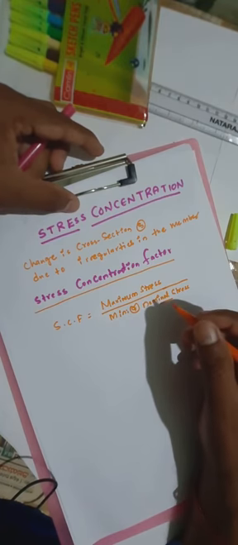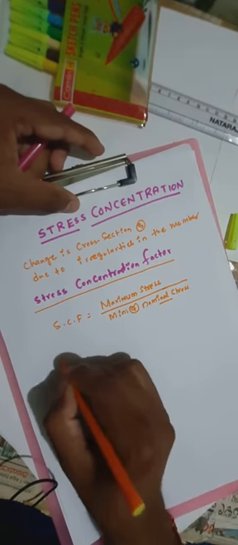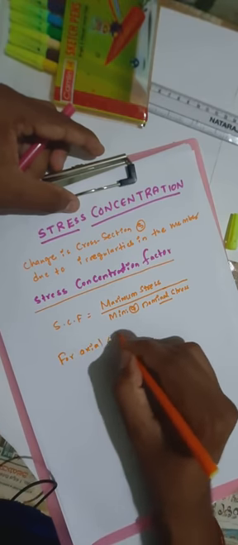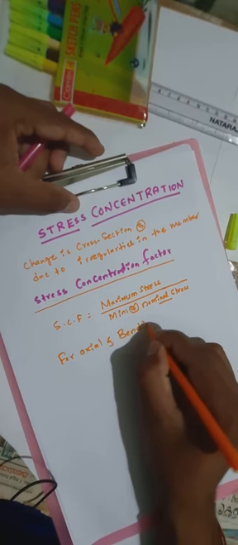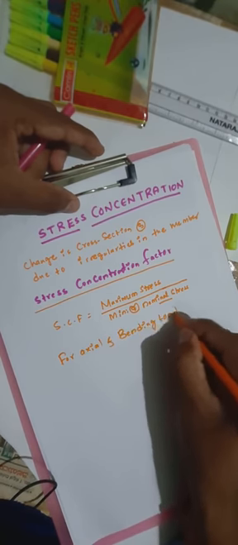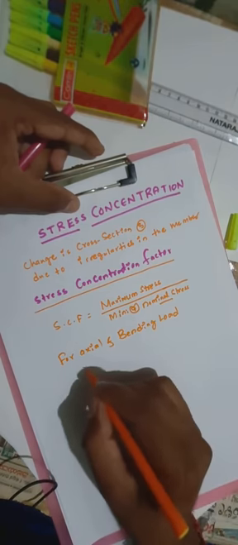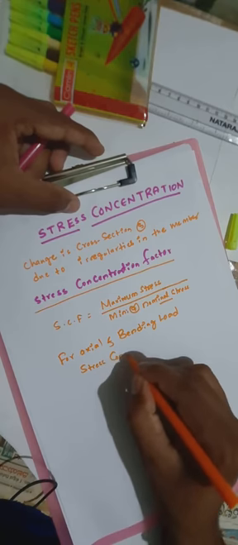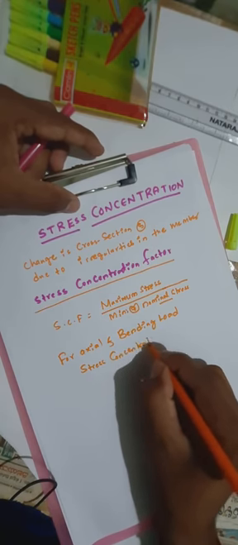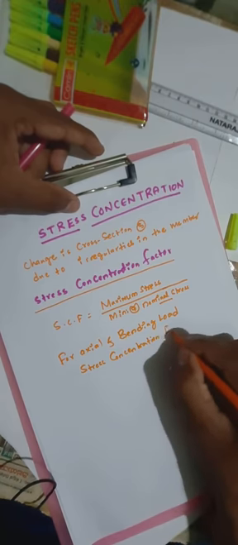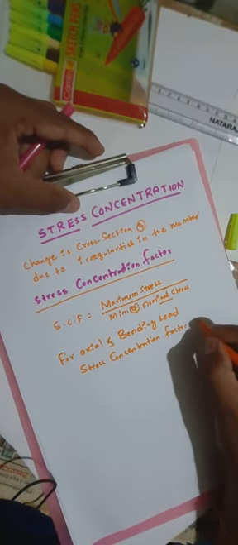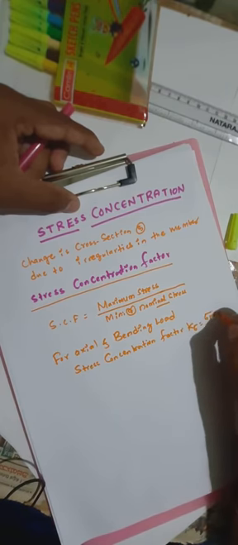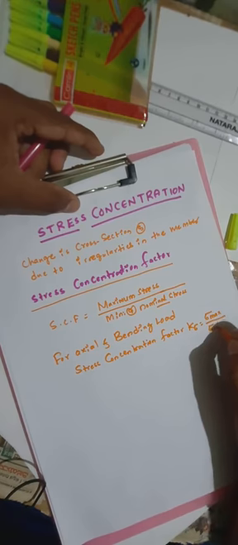The stress concentration factor for different loading conditions: for axial and bending load, the stress concentration factor K sigma is equal to sigma max divided by sigma nominal.